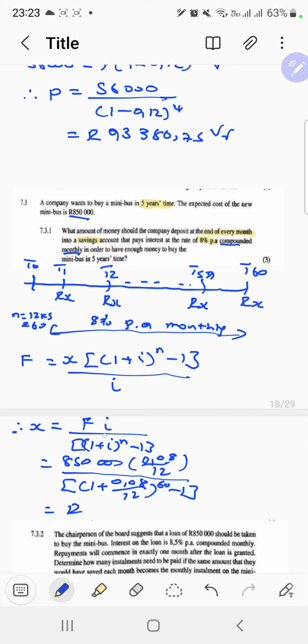We close the bracket. So I'm getting a value of 11,568 rands at 27 cents to 2 decimal places.